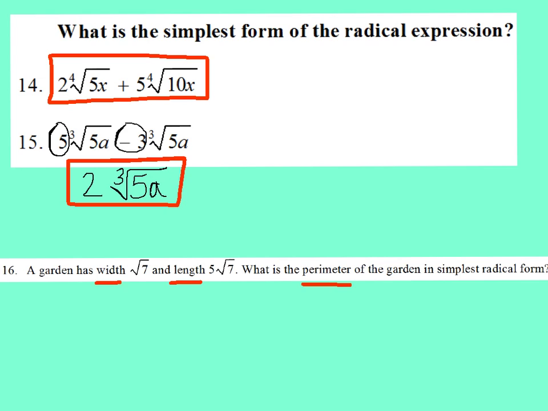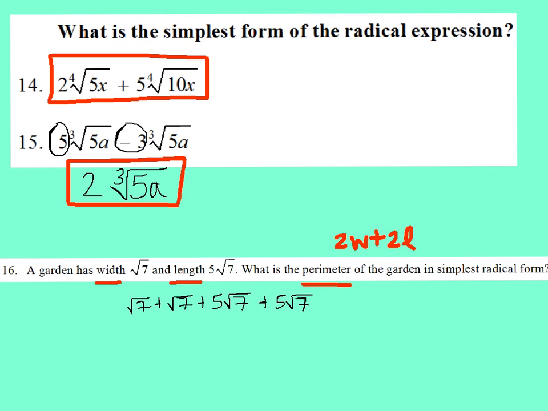and then the width and the length, because perimeter is equal, for a rectangle anyways, to twice the width plus twice the length. So assuming that it's a rectangle, we say the square root of 7 plus the square root of 7 plus 5 square roots of 7 plus 5 square roots of 7.